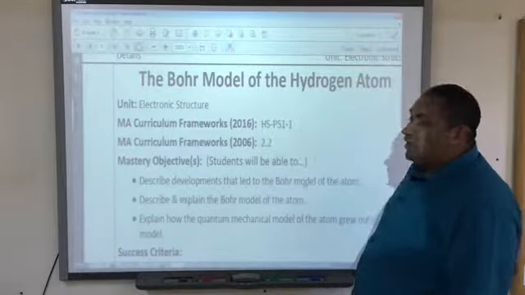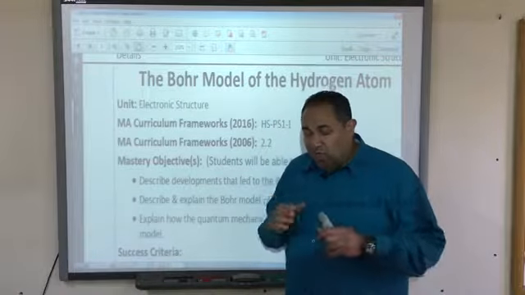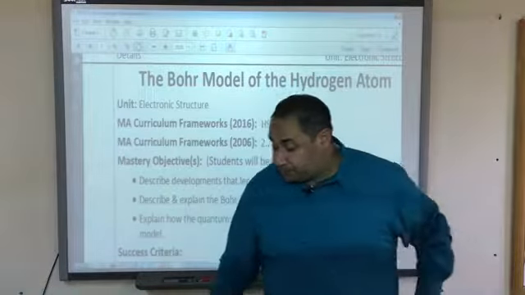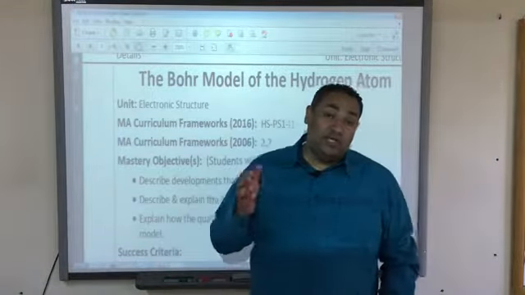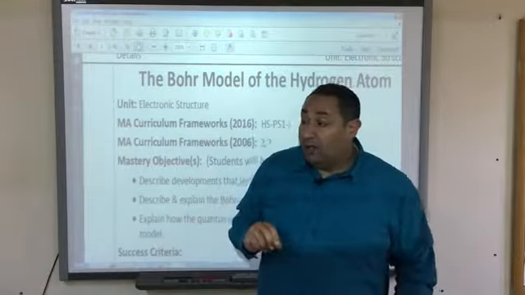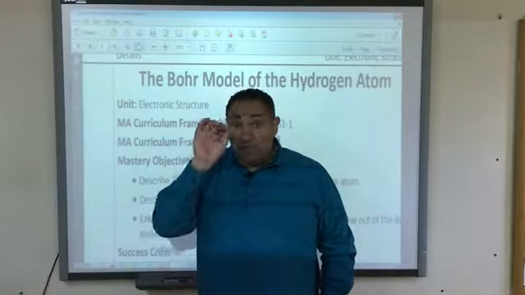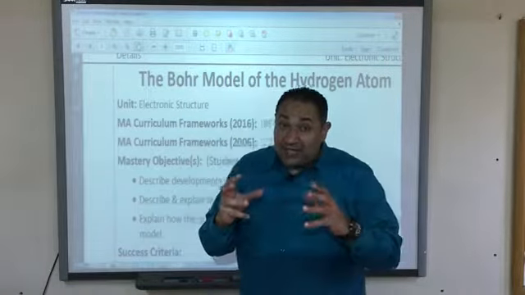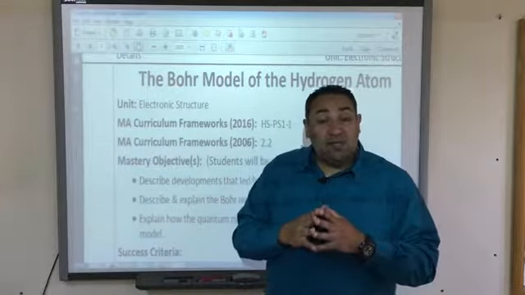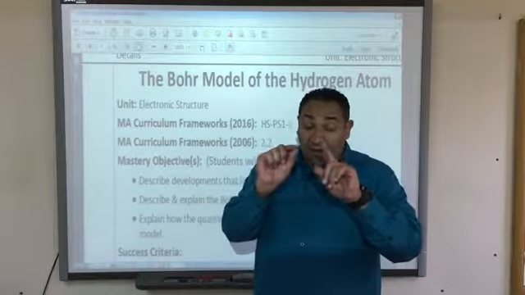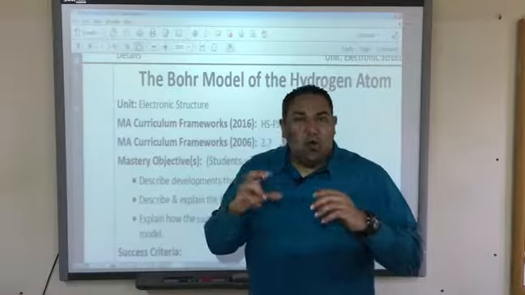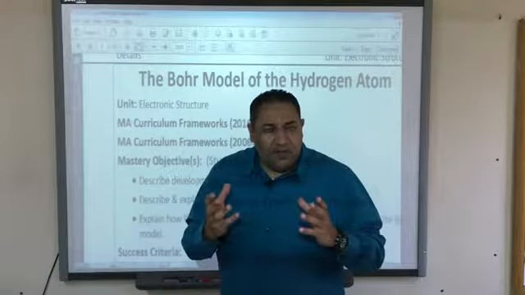Now, the historical background of this unit. The scientists noticed that if you take any gas, as a simple state of matter, and expose it to very high voltage of electricity, something very weird happens. We found that the particles of gas give some kind of light, or what we call a spectrum, which is very strange.